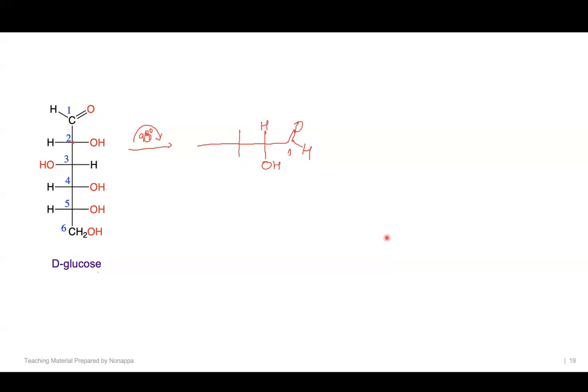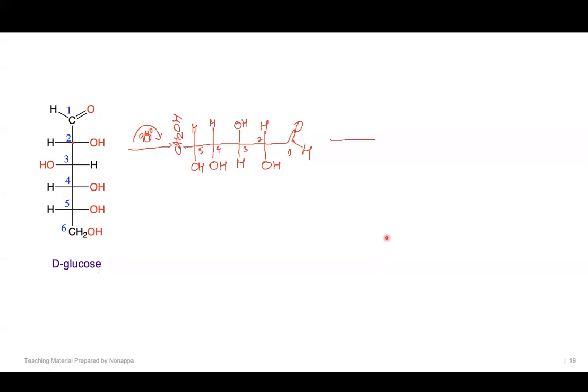The hydroxyl group on carbon number 3 will be at the top. The hydroxyl group here will be at the bottom, and this hydroxyl group will also be at the bottom. So we have H, H, and then we have this CH2OH group. So we have carbon 1, 2, 3, 4, 5.